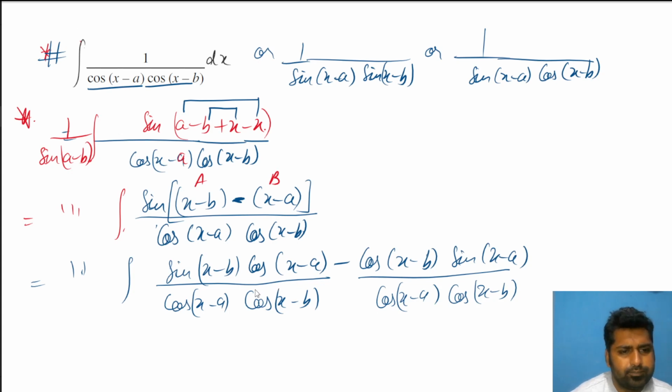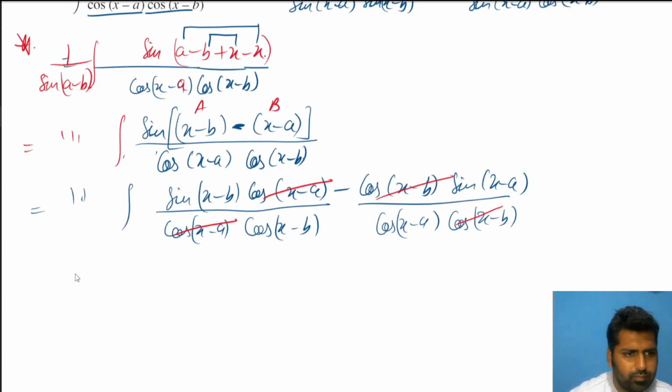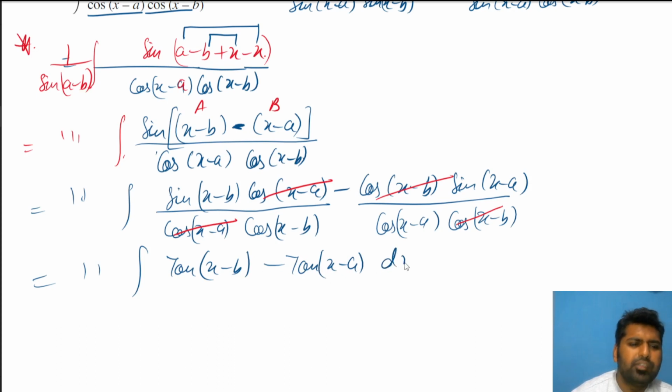Now cancel cos(x minus a), cos(x minus a), cos(x minus b), cos(x minus b). What do we get? Copy this. Sine by cos, that's tan(x minus b) minus tan(x minus a). And we are done because we know we can integrate tan.